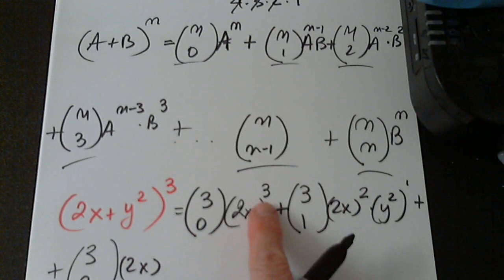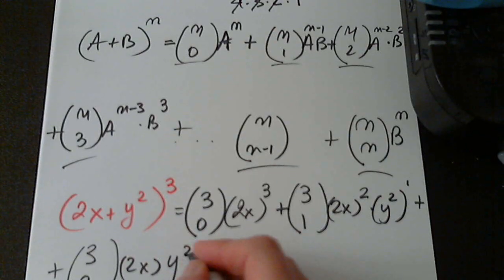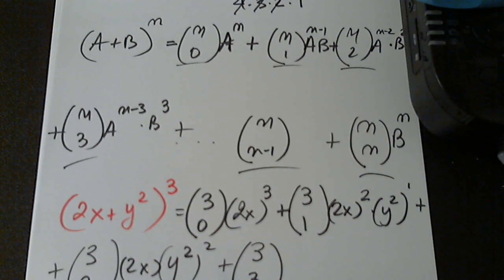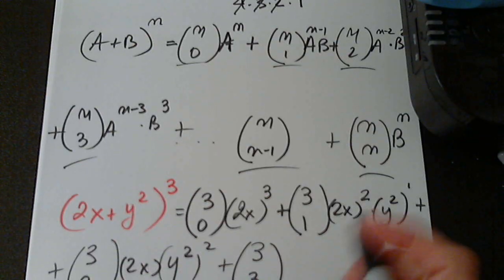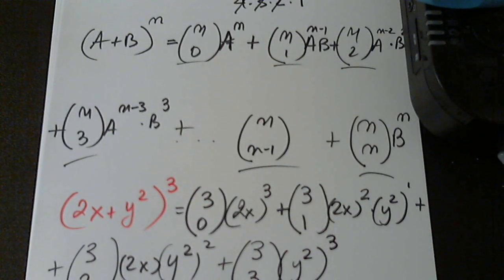2x decreased from 3 to 2 and now to power 1, and y squared to the first power, so now it's turned to y squared squared, plus last one, 3 choose 3, there is no more 2x, power 3, power 2, power 1, power 0, which means 1, and now y squared is raised to the third power.